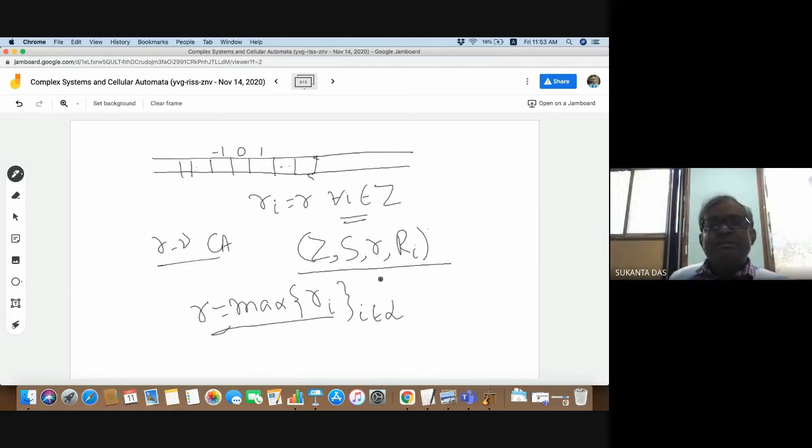Why? Because see, suppose this is a distant neighbor, say it is I. I may be 1 lakh, 2 lakh, 1 billion, I don't know, any value, any I actually. So in this cell, some rule Ri is being used. But what is the Ri?